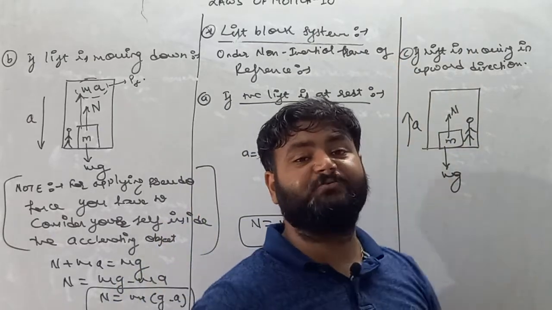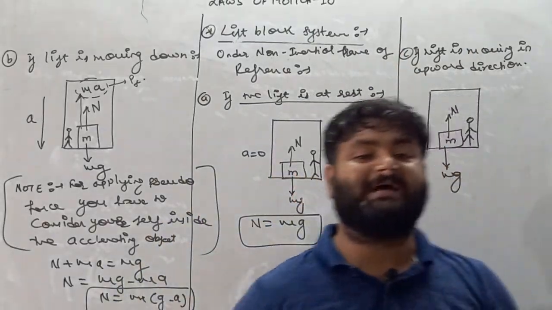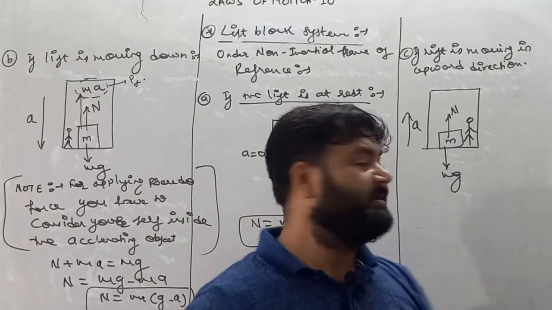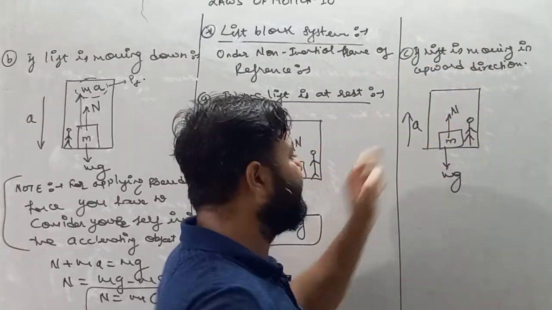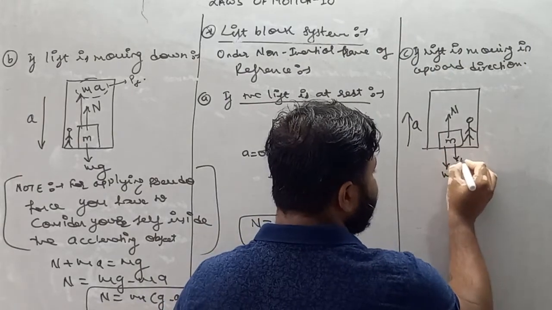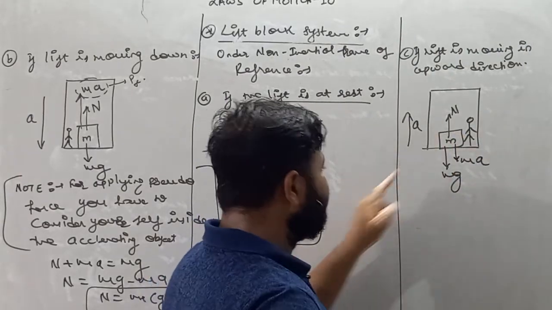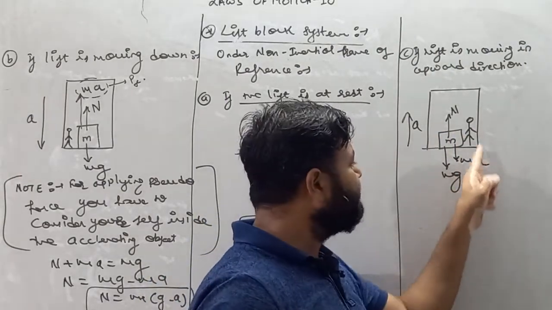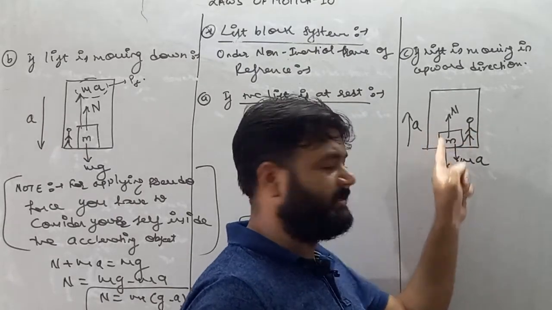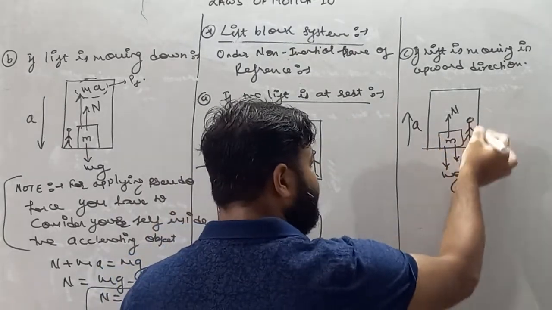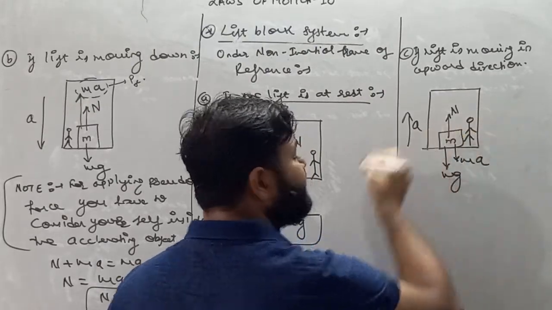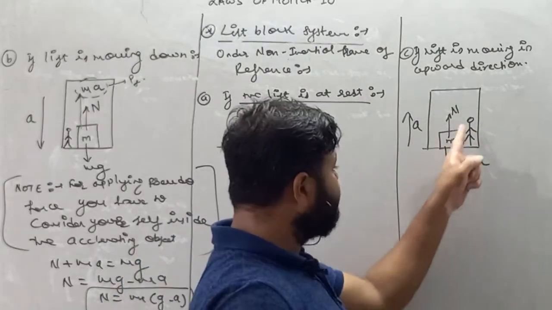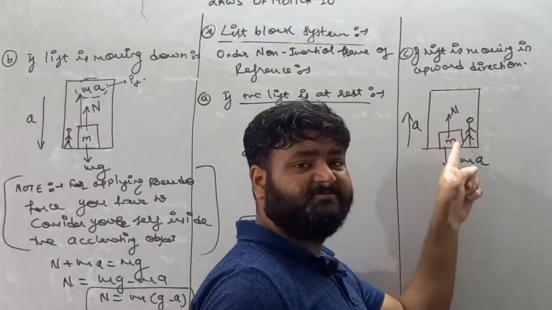Now apply pseudo force opposite to the direction of motion of the observer. The direction of motion of the observer is upward, so pseudo force must be downward, and it is ma, that is the mass of the object multiplied by the acceleration of the observer. Now see, with respect to the observer, the block cannot change its position. So the observer says the block is at rest.